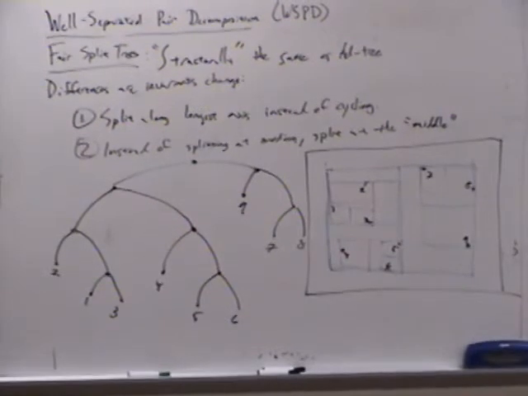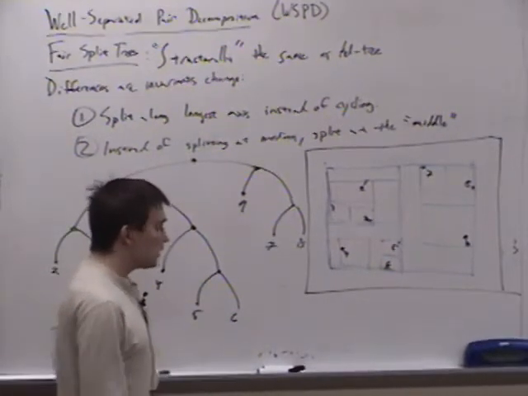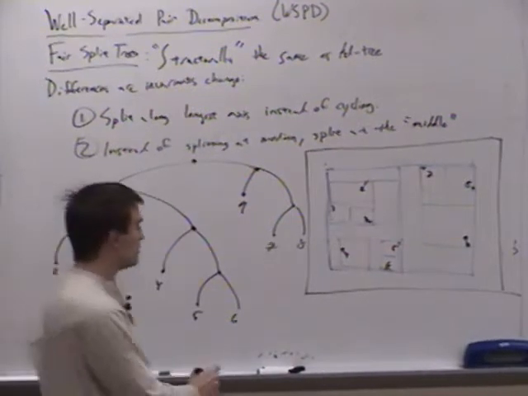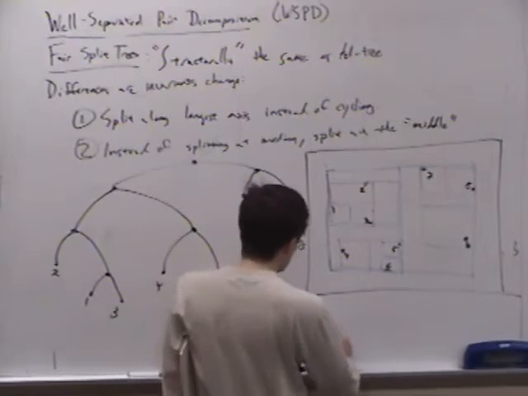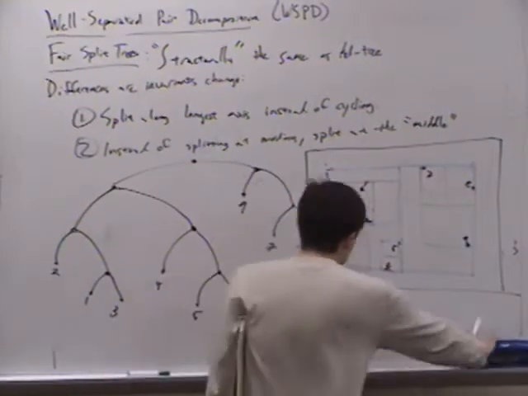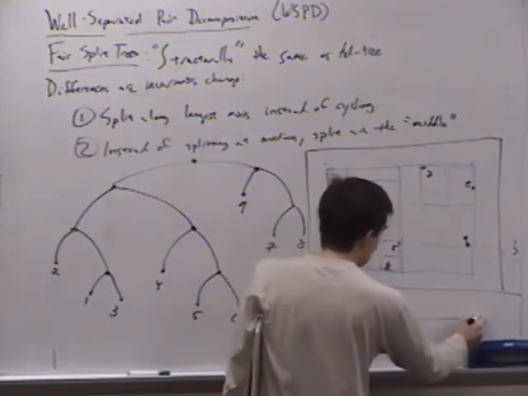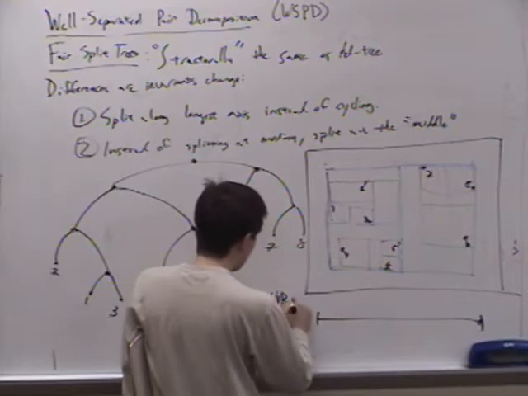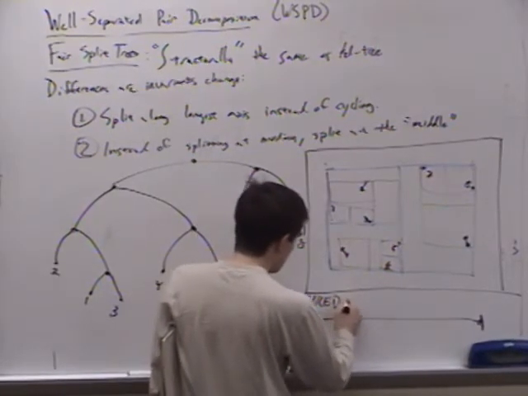If we just take some random set of points, we're probably going to get a pretty random-looking tree. If you want to construct a really unbalanced fair split tree, though, all you have to do is distribute your points on sort of a log scale. So if I take a point here, call this point 1. Let me just draw an interval. Here's how to build an unbalanced tree.